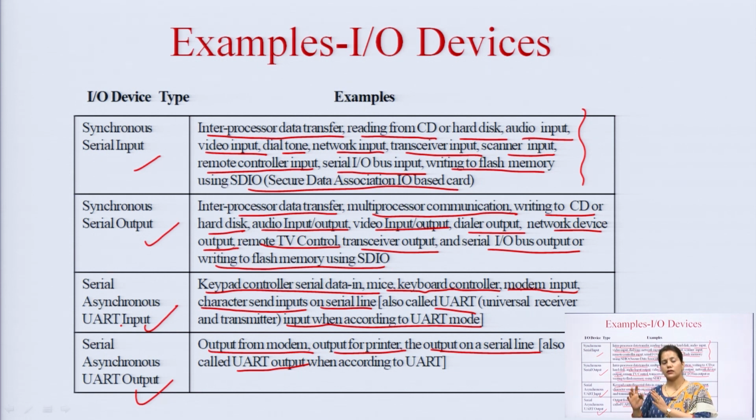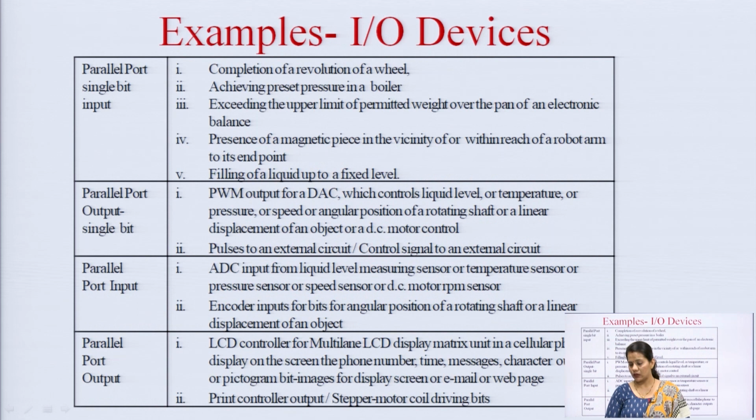So, these are the various examples that can be categorized under the different device types, that is synchronous serial input, synchronous serial output, asynchronous serial input and asynchronous serial output. I hope all these examples are clear under different categories.